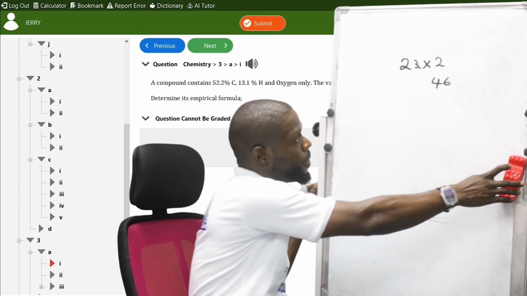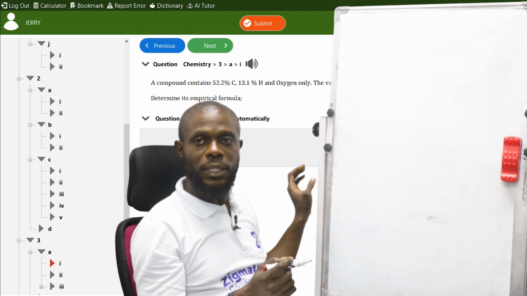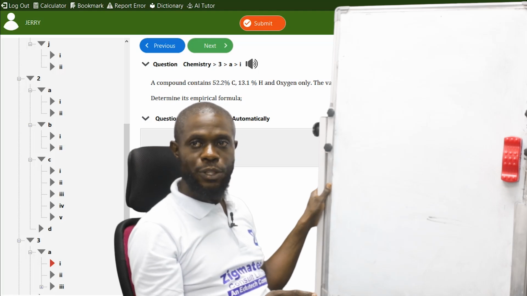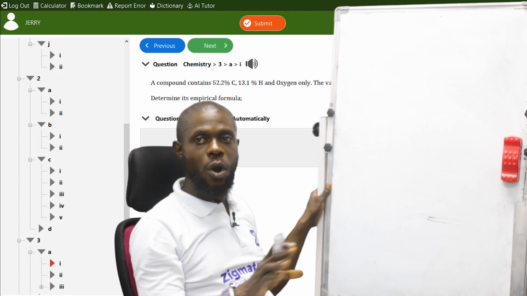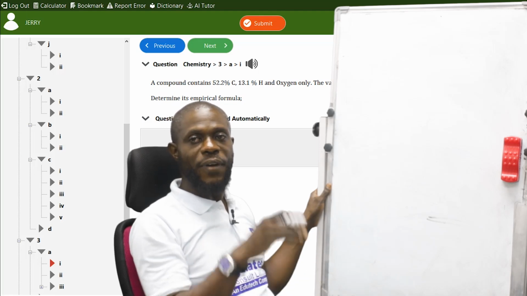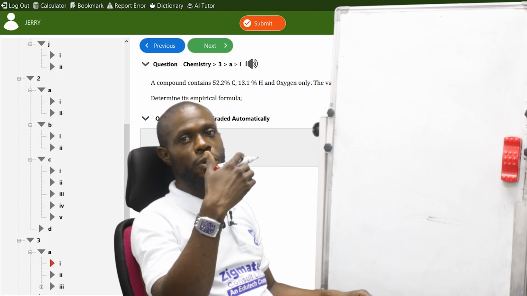So this is a simple empirical formula question. They said a compound contains 52.2% carbon, 13.1% hydrogen, and oxygen only. Now, the first step of empirical formula is changing the percentage to grams.